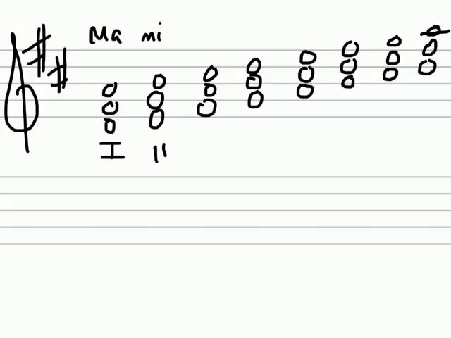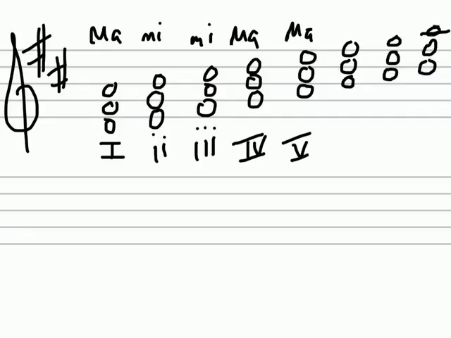E minor, F sharp minor, G major, A major, B minor, and now C sharp diminished, so we put the circle there.